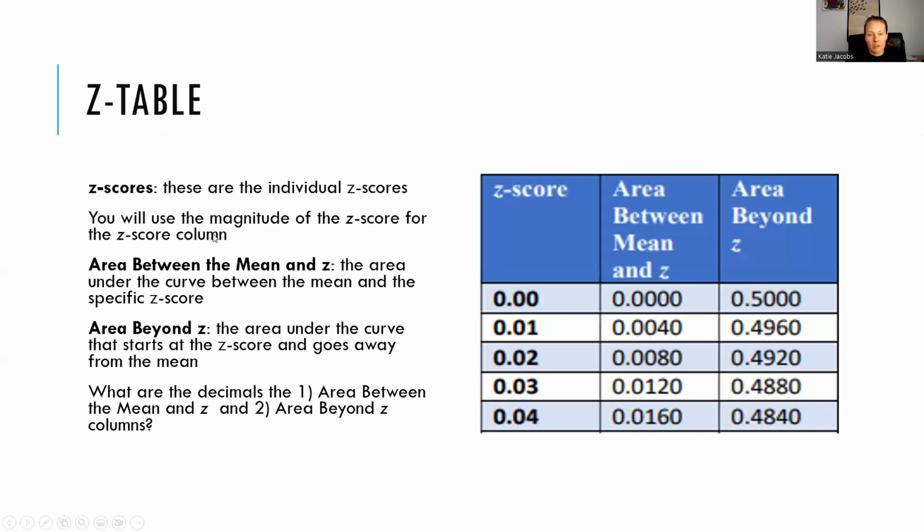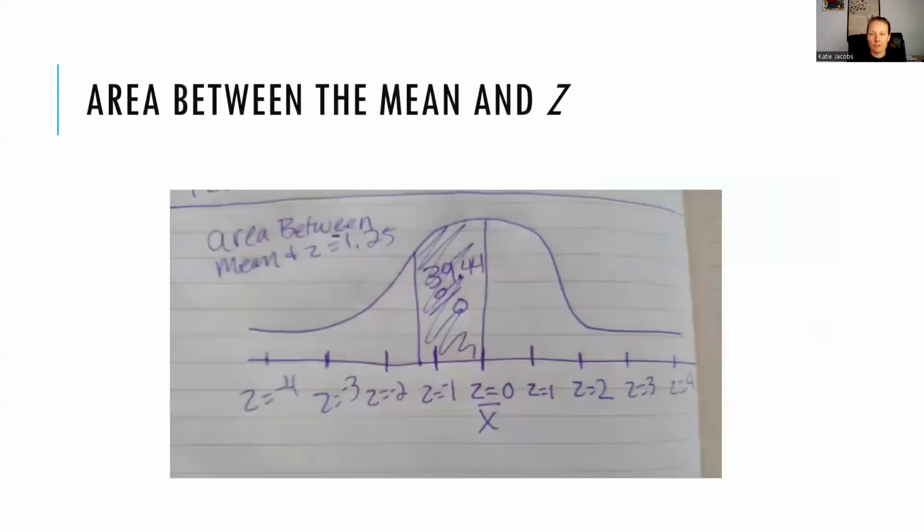Okay. So what are the decimals in the area between the mean and Z and the area beyond Z columns again? That's right. Those are those proportions. So the area between the mean and Z is the mean and whatever Z-score we're interested in.